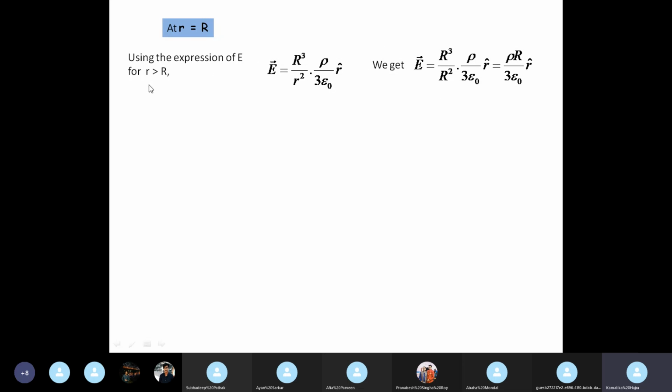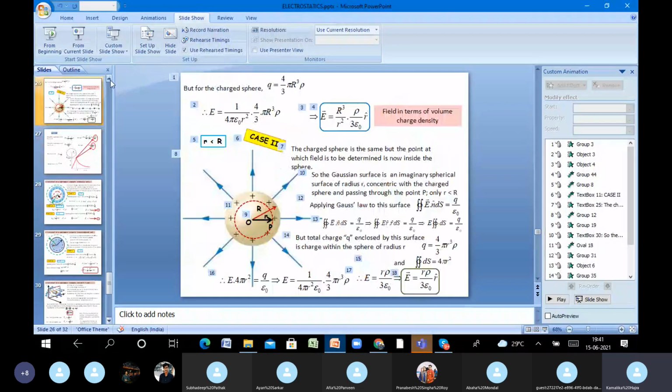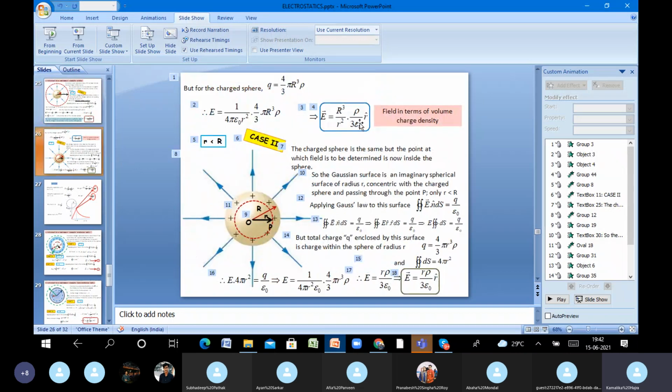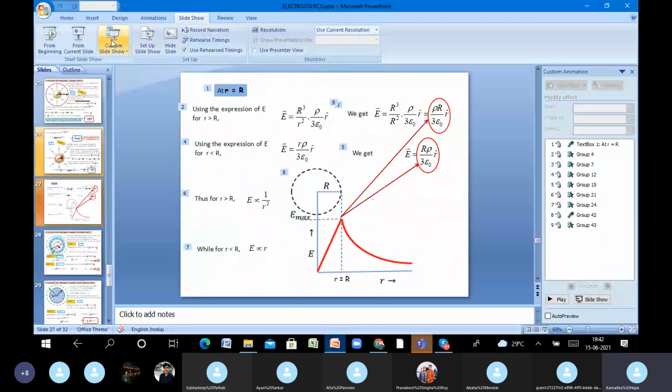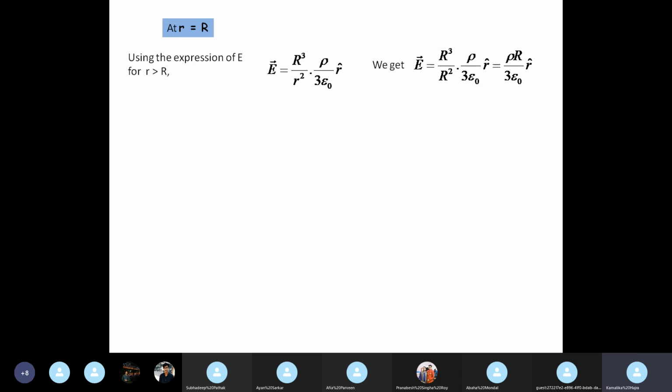So using the expression of E for r greater than R, suppose we are at a point P and we slowly decrease the value of small r until it becomes equal to capital R. So we start with the expression for r greater than capital R and decrease it to r equal to capital R, so that we get the expression of E at the surface as rho R by 3 epsilon naught r cap.